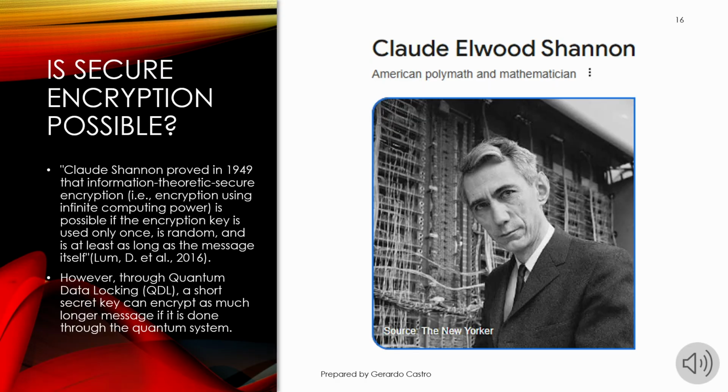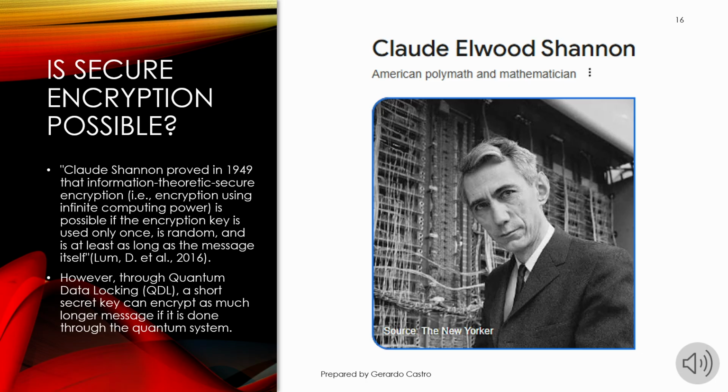So how do we know that secure encryption is actually possible? Well, we have a mathematician, Claude Shannon. He proved in 1949 that information-theoretic secure encryption, meaning secure even with unlimited computing power, is possible if the encryption key is used only once, is random, and is at least as long as the message itself.